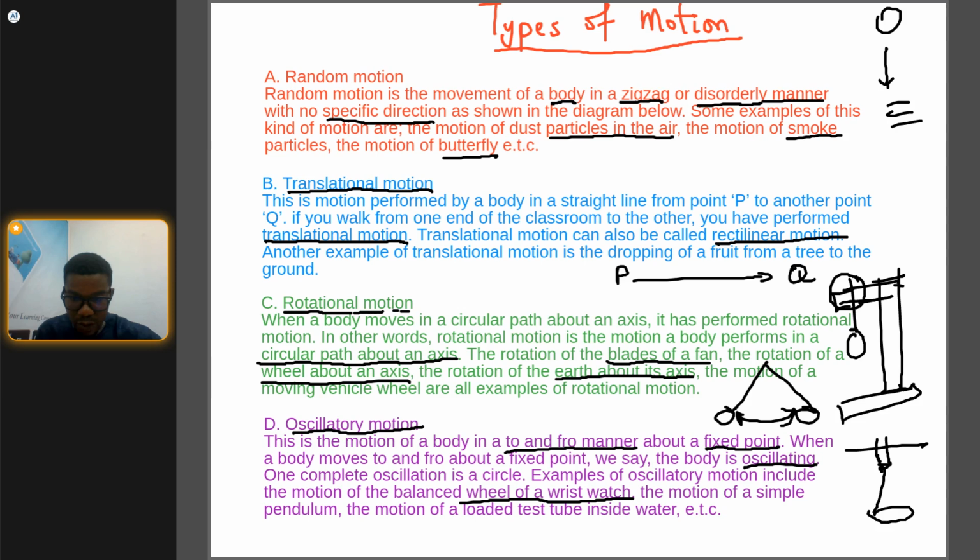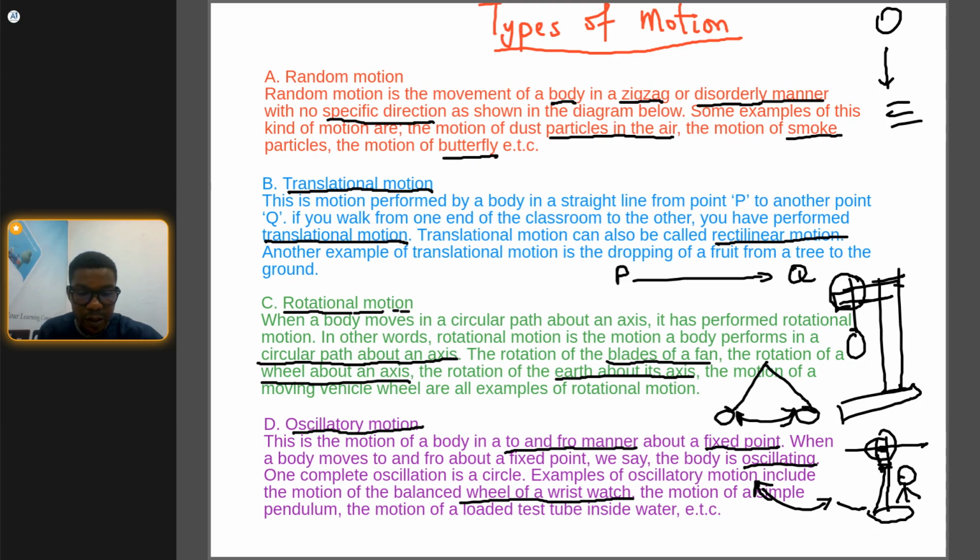This is where it's going to sit. So it's attached to this fixed point, and someone is sitting on it. When you push this person, the person will start moving in this direction, going to the front and coming back, to and fro, to and fro. And that results in oscillatory motion.